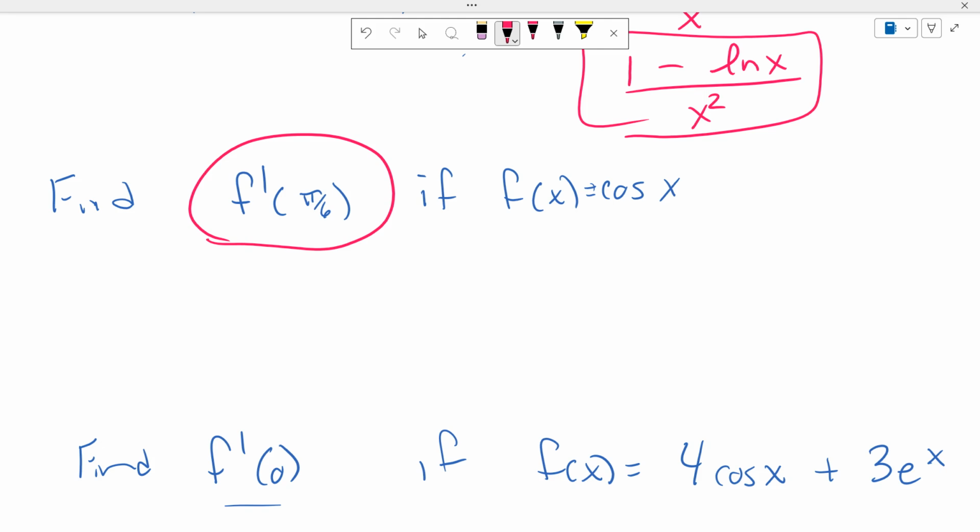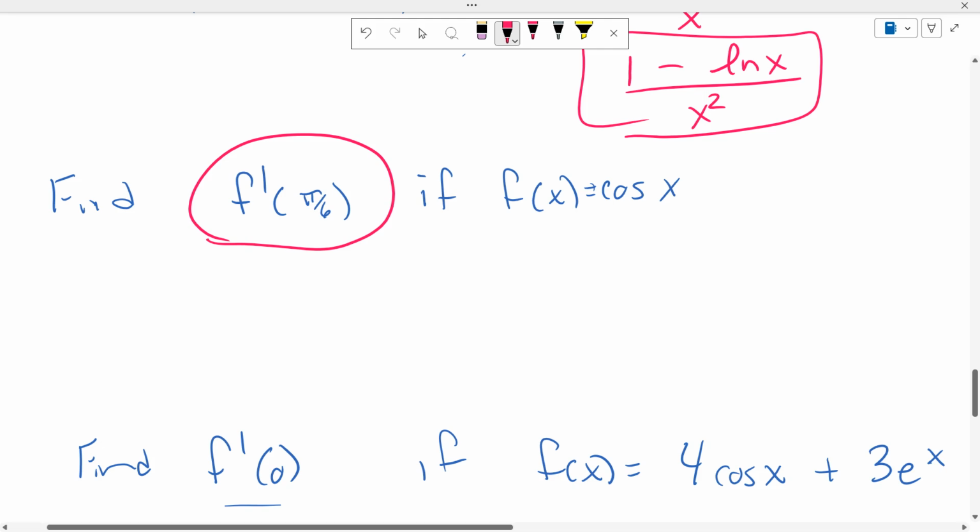So you want to find the derivative of that cosine, right? Is it the negative sine of pi over 6? I don't know. Negative 1/2. No, this one.